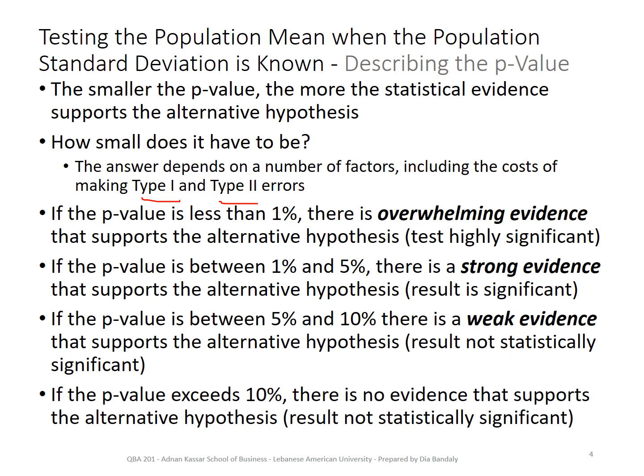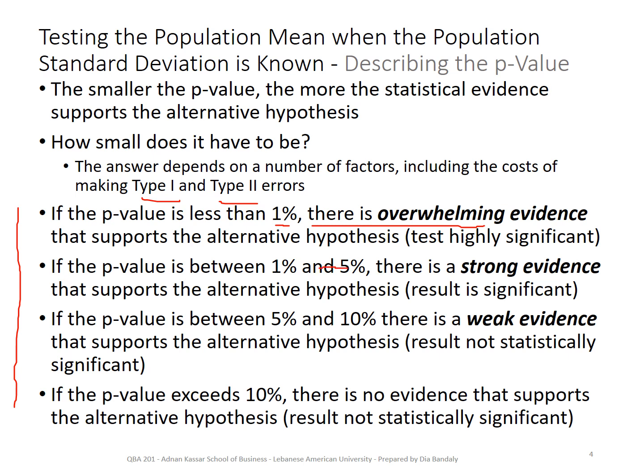However, there are some guidelines about the p-value that are widely used in the research environment. When we say p-value is less than 1%, we say that we have overwhelming evidence. While if p is between 1% and 5%, then we say that we have strong evidence to support the alternative hypothesis.